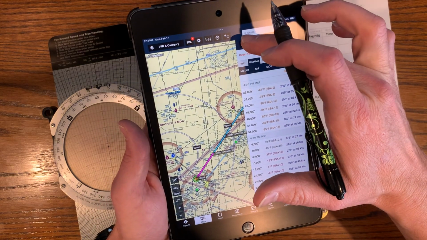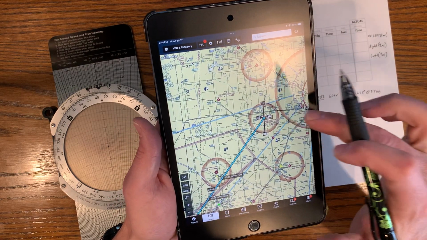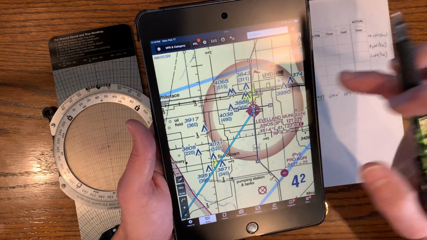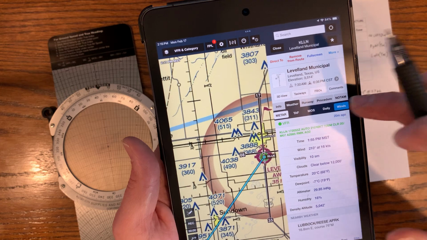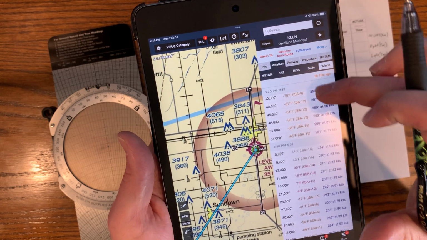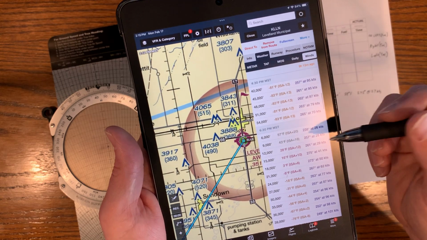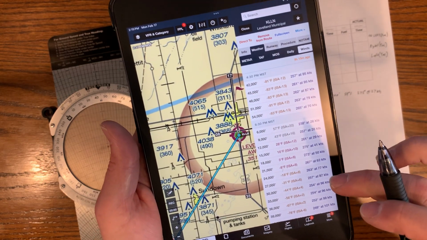So, now that we have that, let's go to the end of the route and see how different it is. Okay, I got the runway. So there's level land, weather, winds, and we're going to go to 6:30 p.m. and I still got it in Mountain Standard Time, even though it switched time zones.